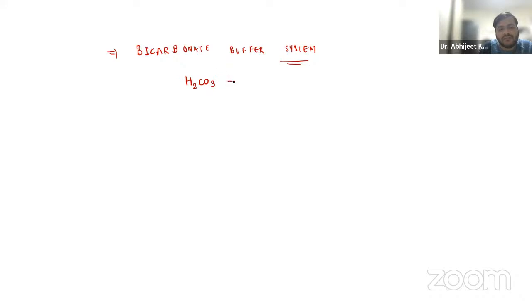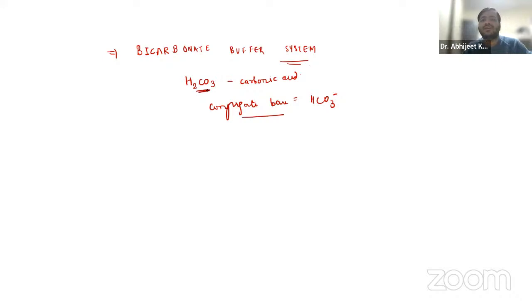So we have this carbonic acid, H2CO3, and we have the conjugate base, let me write it like this: bicarbonate, HCO3 minus. Obviously, the conjugate base, when it loses a hydrogen, H2CO3 will have one hydrogen less, it is HCO3 minus.